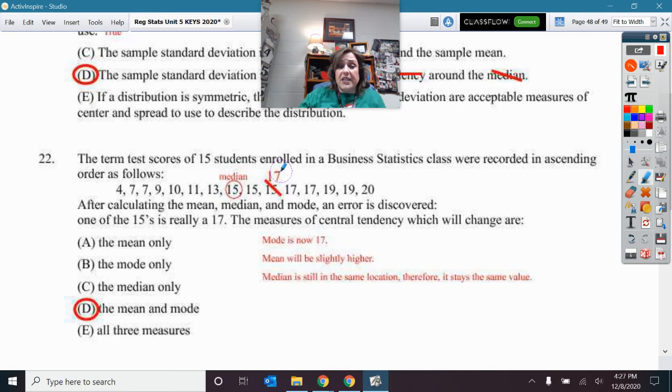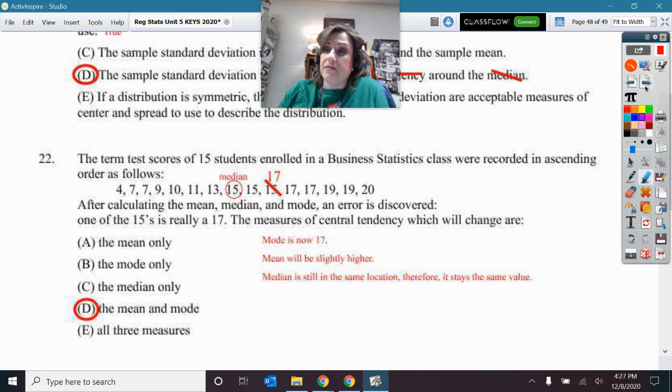The measure of central tendency which will change: the mode was 15 and now it's 17. So that changes. The median stays the same. The mean will be a little bit higher because you have a 17 instead of a low one down here. So that average is going to be on the higher side.